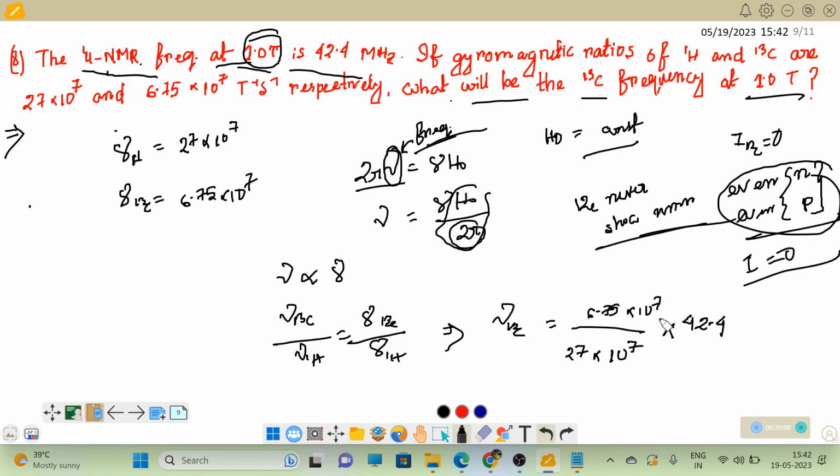The units in Tesla inverse second inverse cancel each other, so it will come in megahertz. I already calculated this. It is coming to 10.6 megahertz. I didn't convert it into hertz, let it be in megahertz. So this is the answer.